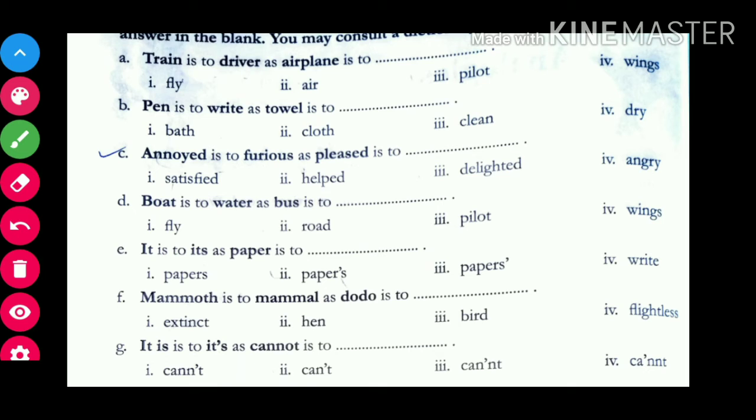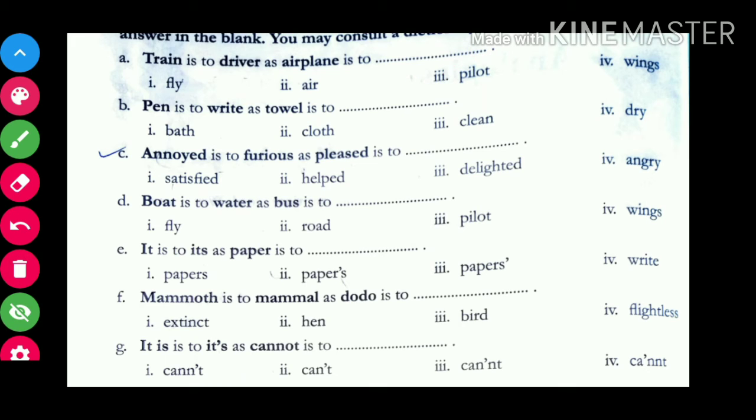So let's begin. A. Train is to driver. That means it is the profession of the one who drives the train. A driver drives the train. Then the one who flies the airplane is, yes, a pilot. He is known as a pilot.